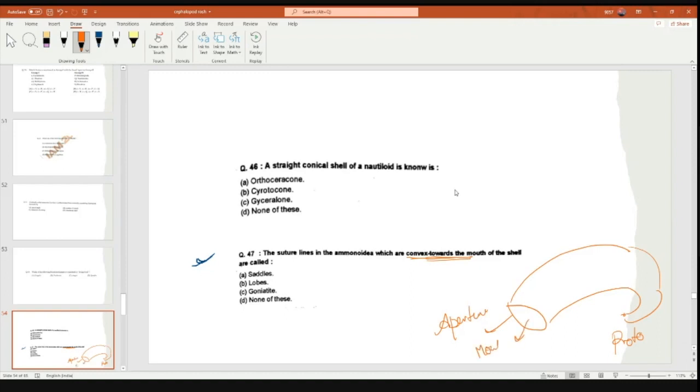So you have to draw convex towards the mouth, meaning towards the aperture. Yes, exactly, it will be saddle. So A is correct. Question number 46, again the same question.